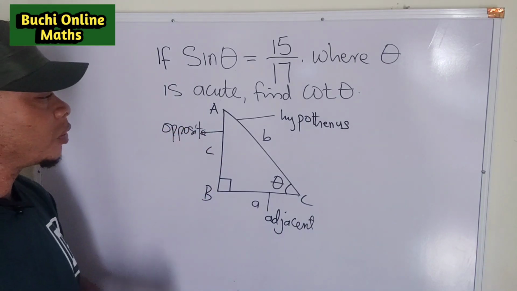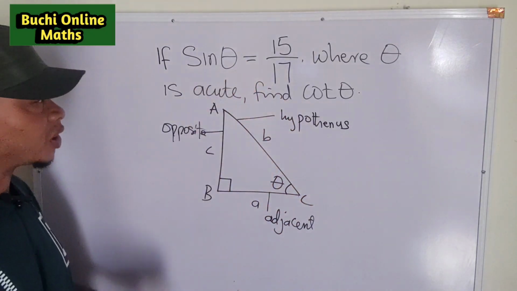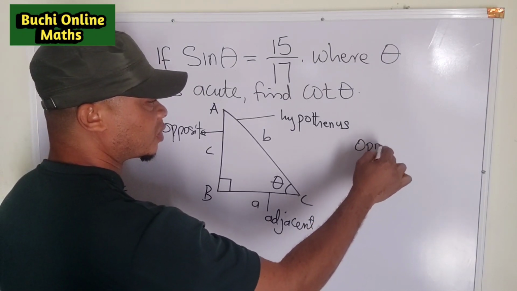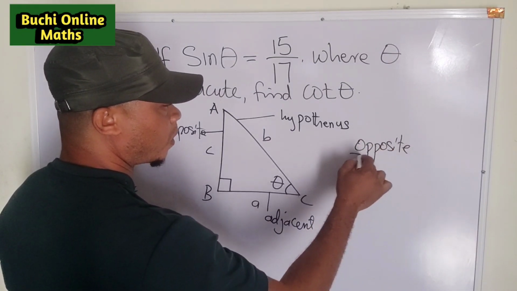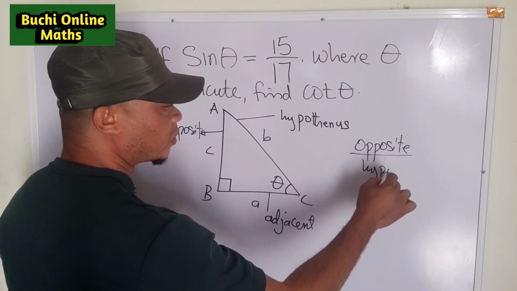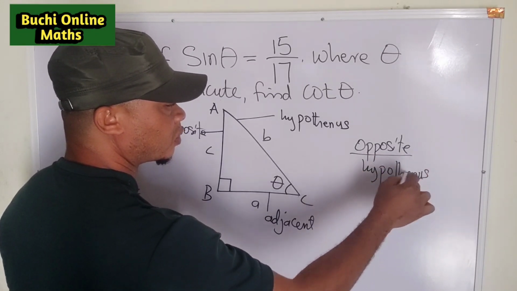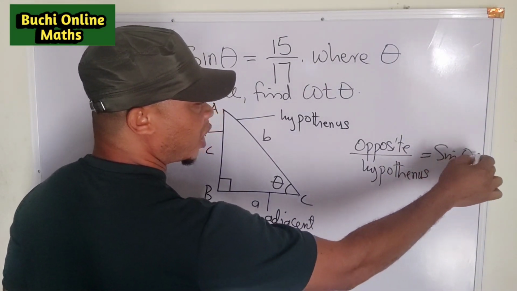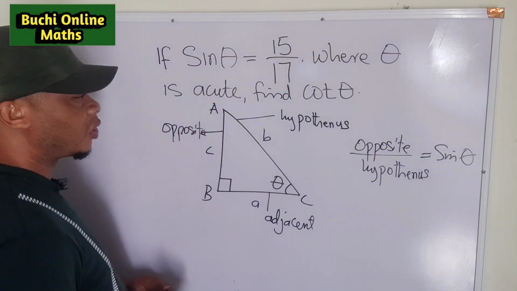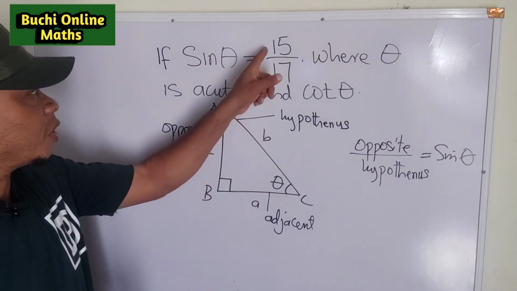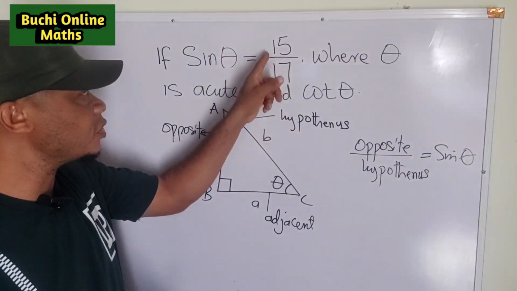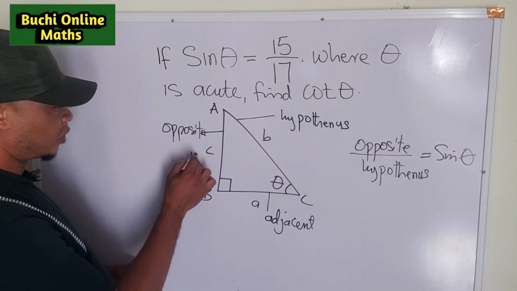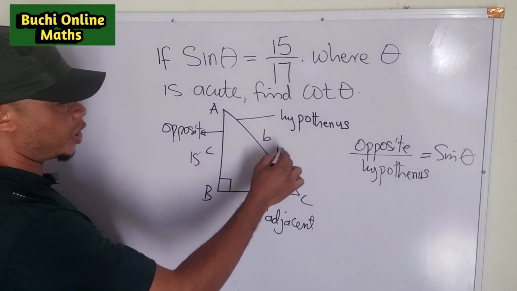Now, because we are given sine theta here, sine theta is the same thing as opposite all over hypotenuse. So if sine theta equals opposite over hypotenuse, what is opposite here? Opposite is 15, while 17 is the hypotenuse.